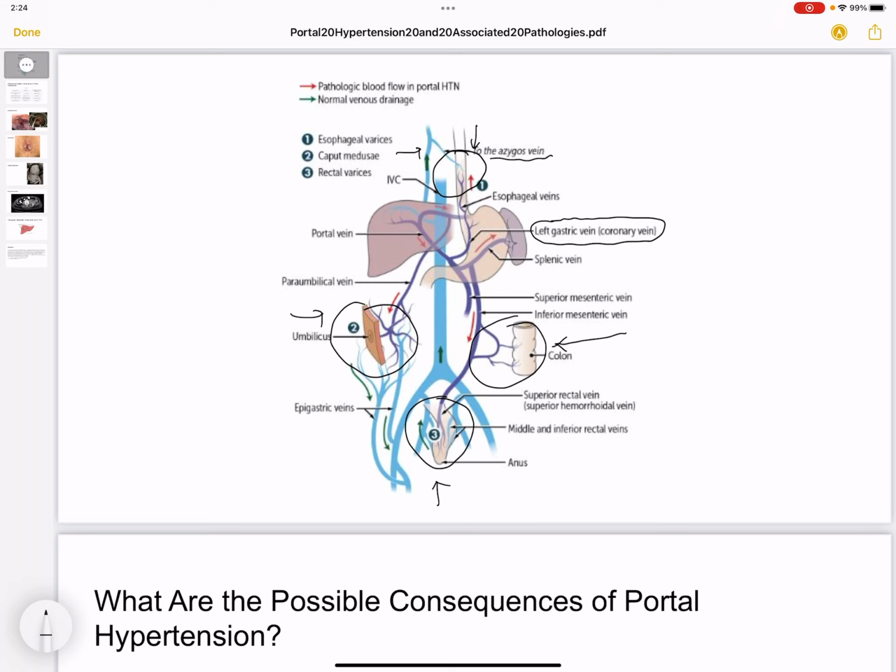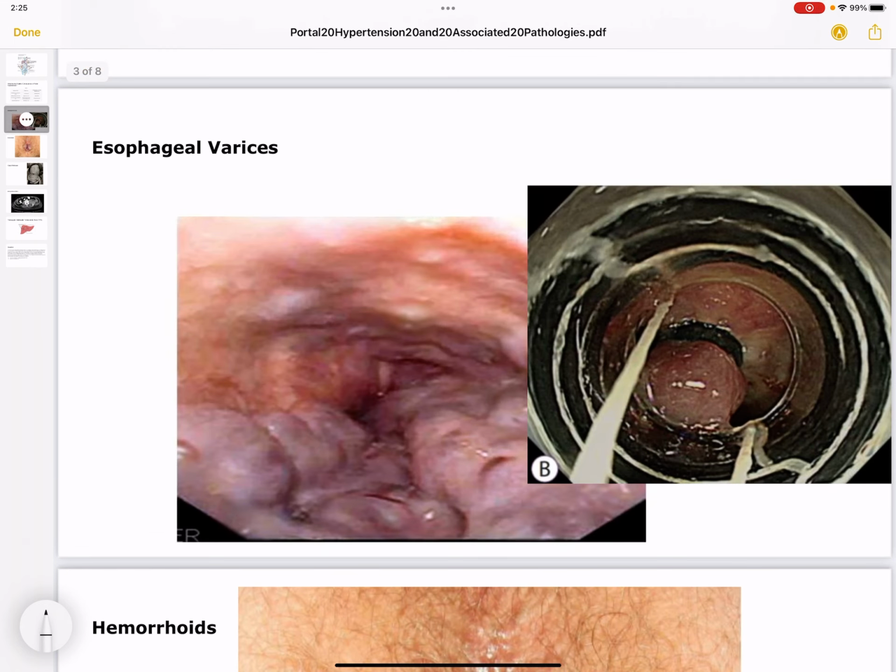Because the azygos vein is going to receive more blood than usual, those venules are going to dilate, and then they're going to create these varices. And with increased enough pressure, as you can see here, these varices can rupture, and it could cause massive bleeding, which can result in death. 50% of the patients who get diagnosed with liver cirrhosis are going to have esophageal varices at the time of their diagnosis.